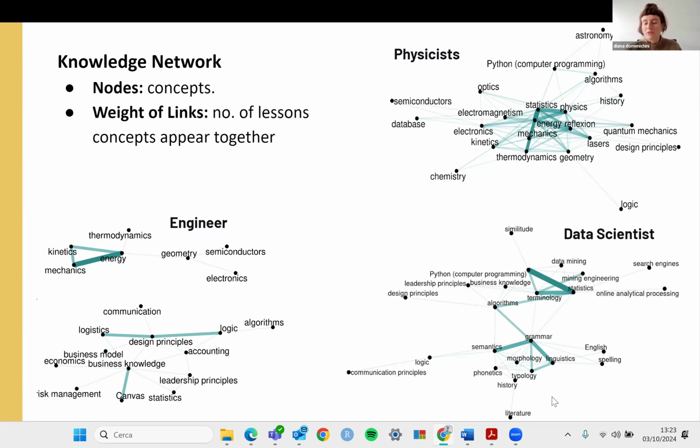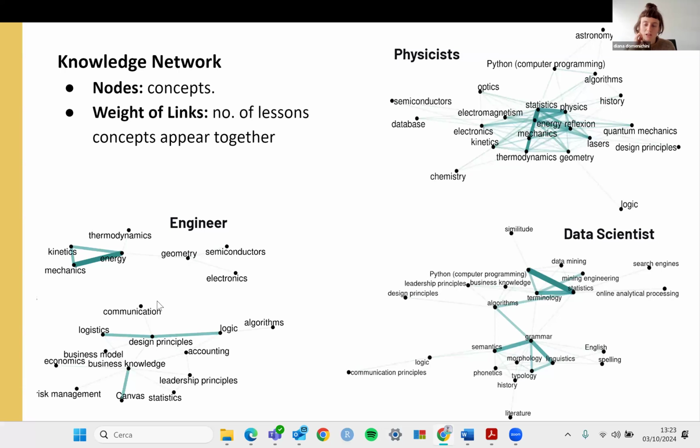This is why we have a lot of concepts related to the humanistic side. But we can see that these concepts are actually connected to the computer science concepts. This is very interesting because, in comparison to the engineering knowledge network, it presents an interdisciplinary knowledge, since the two groups are connected together, while for the engineering network the two groups are not connected.